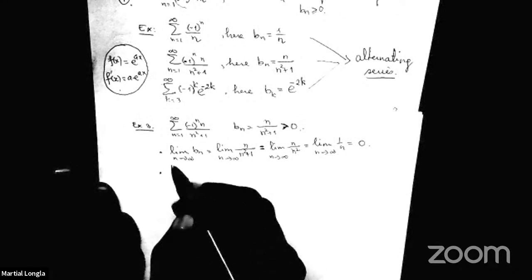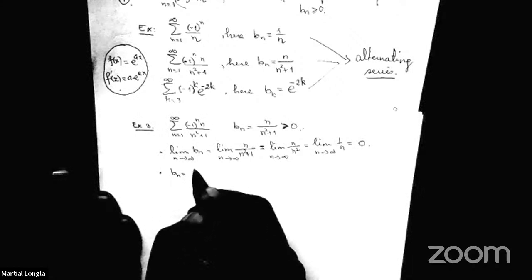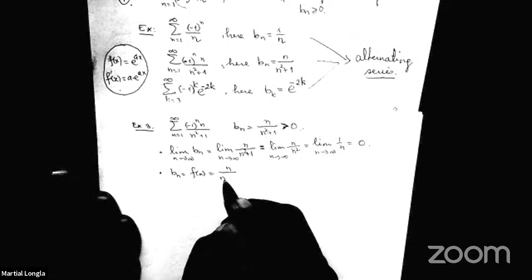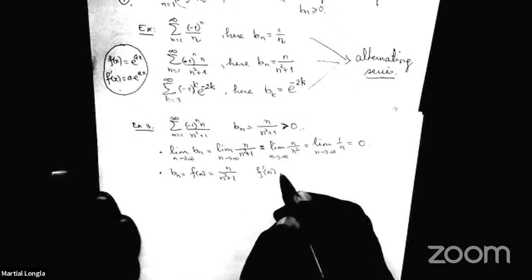And so you got to check the last one, which is decreasing. So bn is f of n, which is n over n squared plus 1. And what's the derivative? How do we find the derivative of this? Use the quotient rule. How does that work?